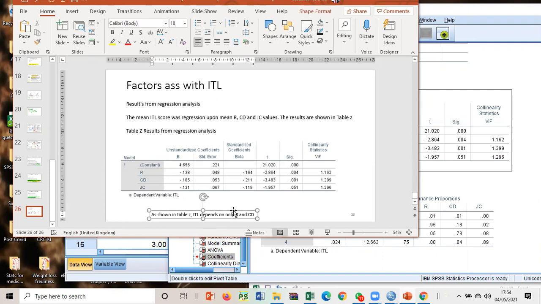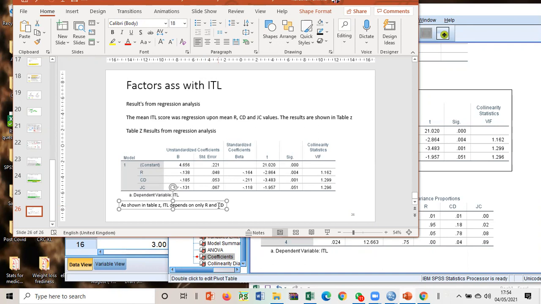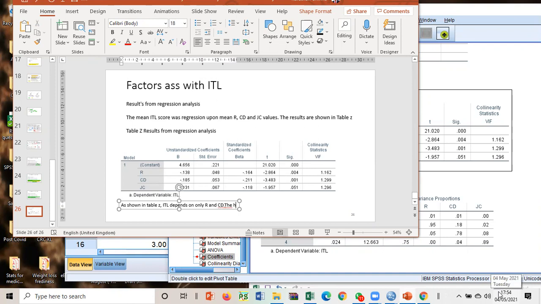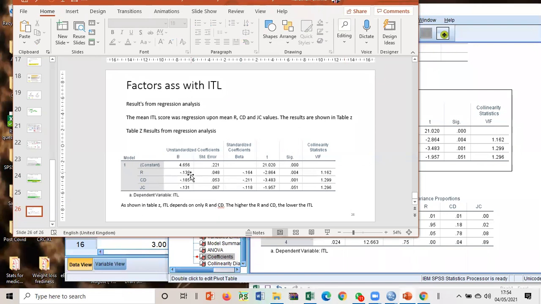Are they positive or negative? Negative. The higher the R and CD, the lower the ITL. Pay attention here. Okay, this is a negative. So if they're happy with the remuneration and happy with CD, they are more likely to stay.